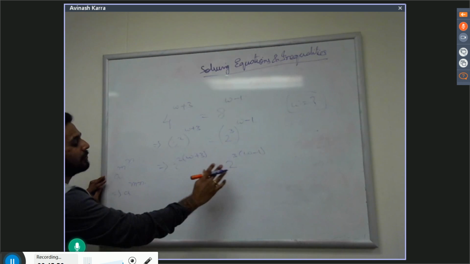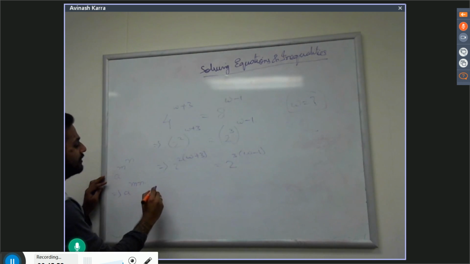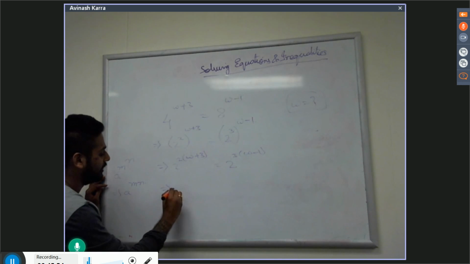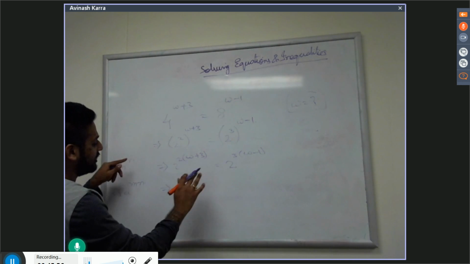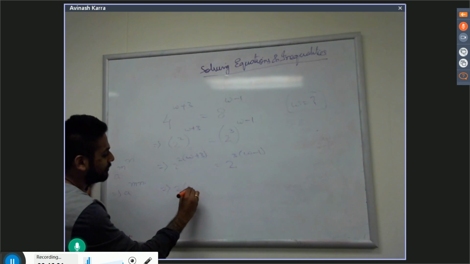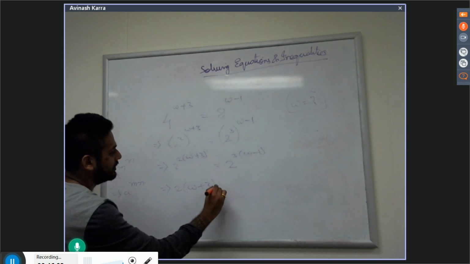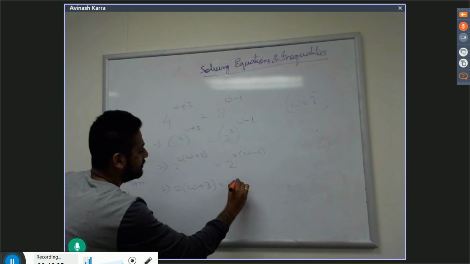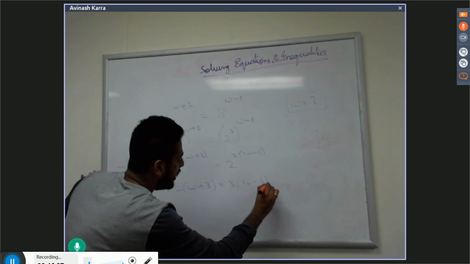Now both the bases are equal, so the powers are also equal. I'm just excluding the bases and writing the powers: 2 into w plus 3 is equal to 3 into w minus 1.